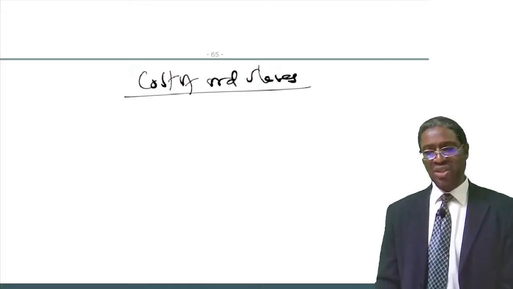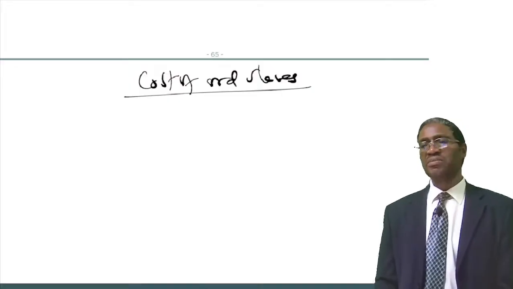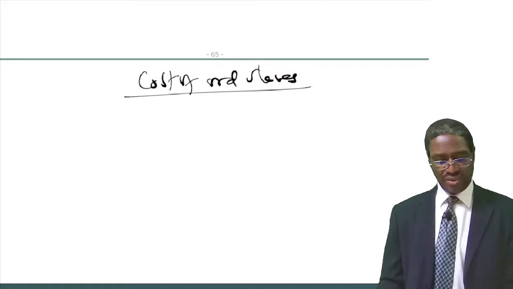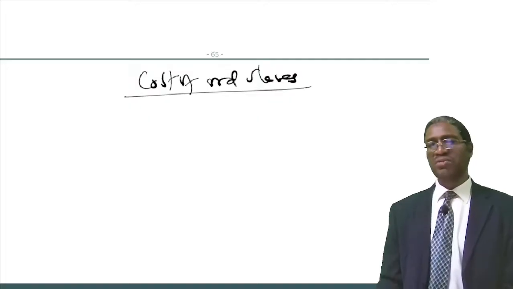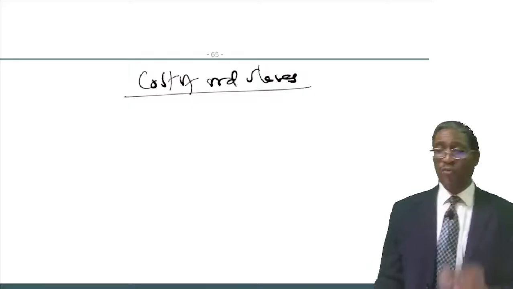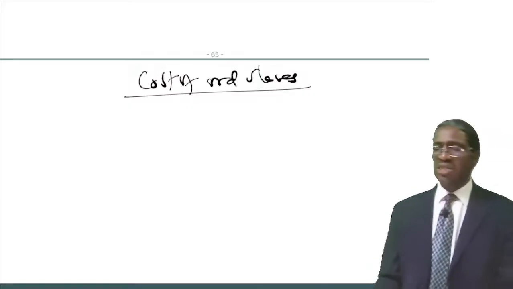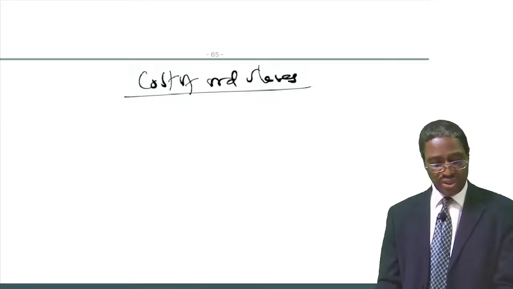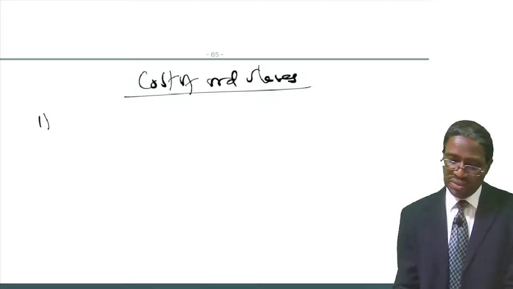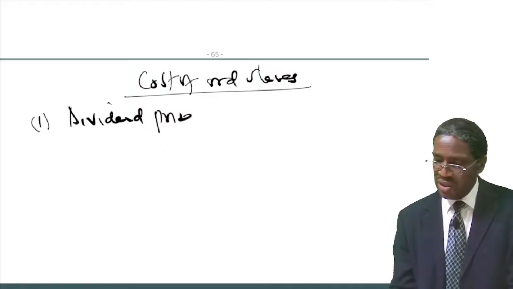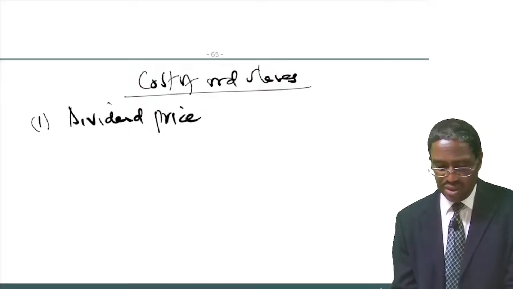There is not a single method to calculate the cost of ordinary shares. The following are some of the methods of computing the cost of ordinary shares. 1. Dividend price model.